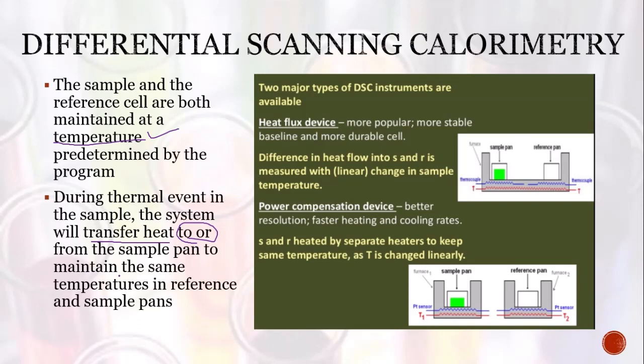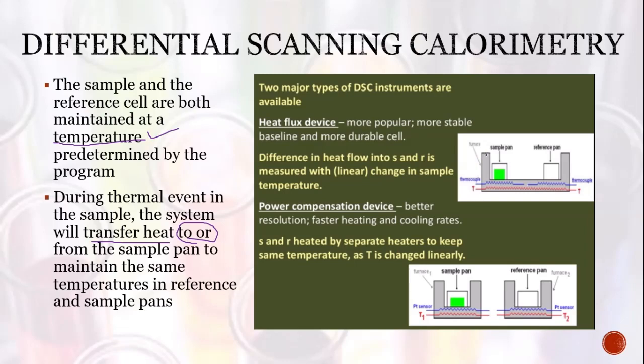So we start with the same temperature for both, and then if there are any changes because of maybe binding to the sample, then the system will remove heat from that particular sample pan so that it can maintain the original temperature. Here we have how the sample setup looks.